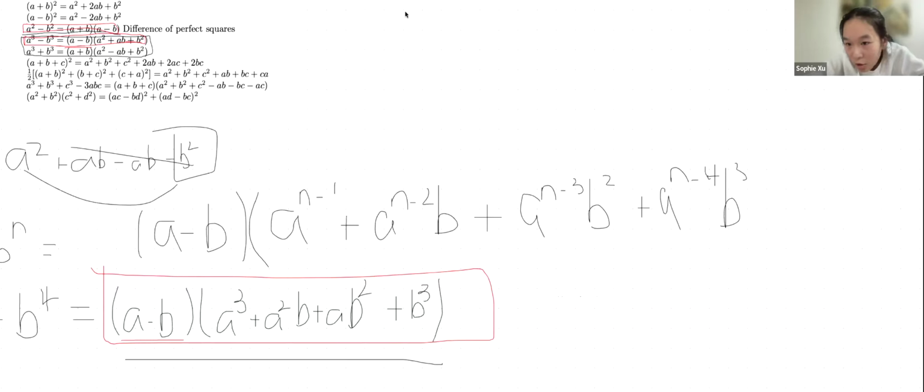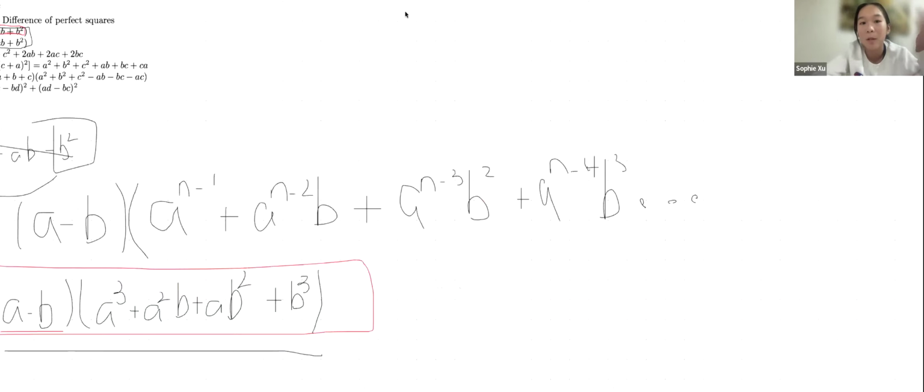Well, it's dot dot dot because we don't know what n is, so we don't know how many terms there are.